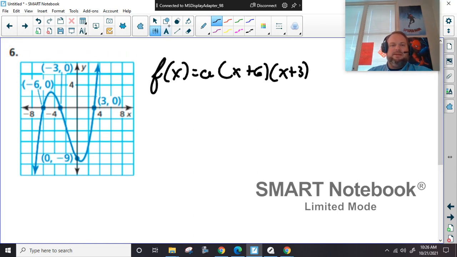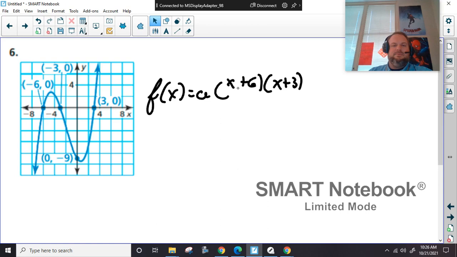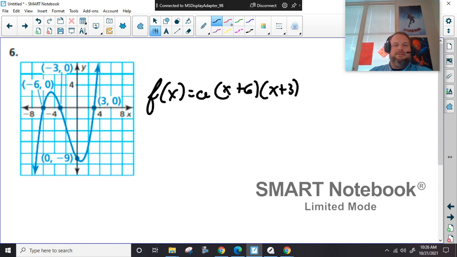I'm going to move this down. This would be x minus 3. I'm definitely given a y-intercept right now. It's labeled. I want to use it.